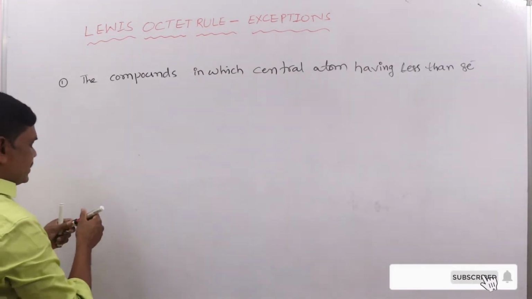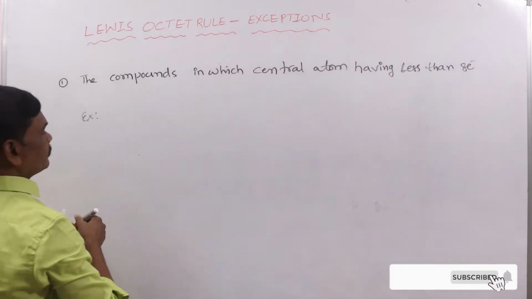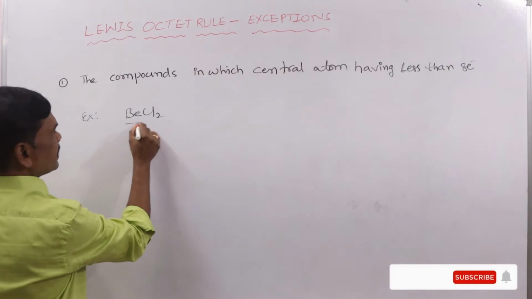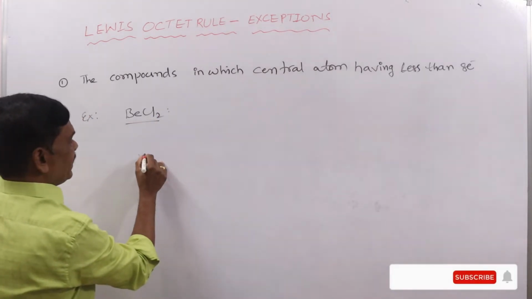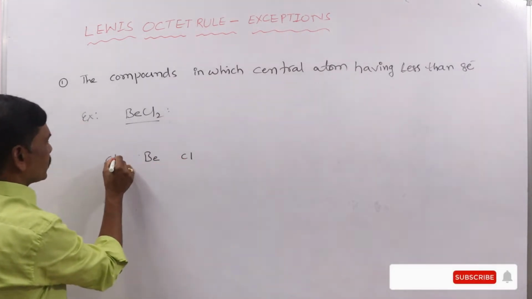In this, the first example is beryllium chloride. So now the structure of beryllium chloride: beryllium, chlorine.